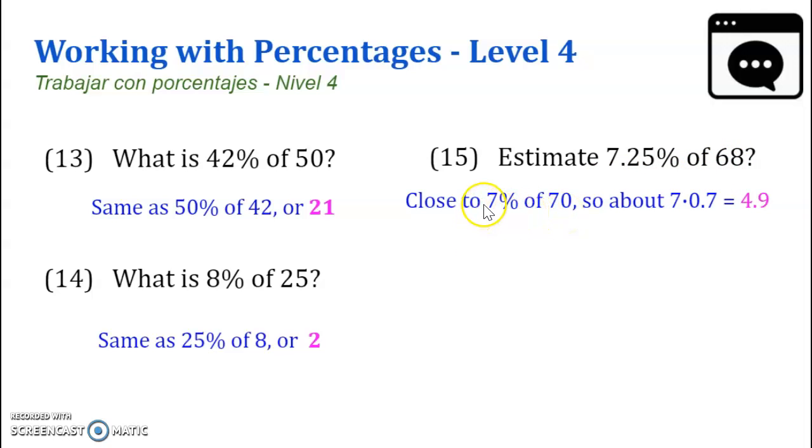So I can think of it as it's going to be close to 7% of 70. So it's going to be 0.7 times 7, which is 4.9.